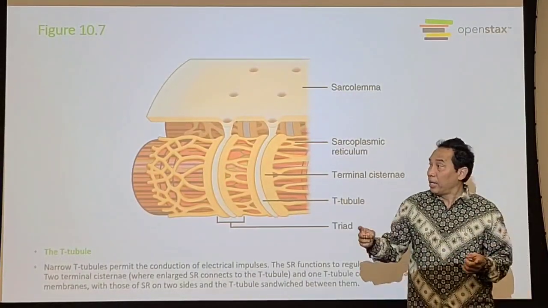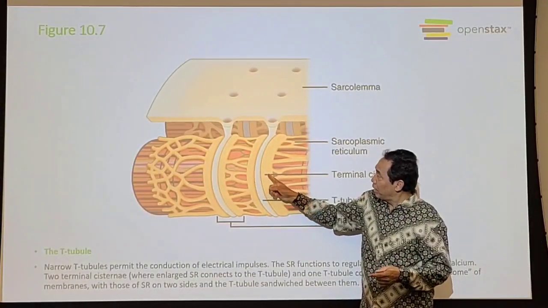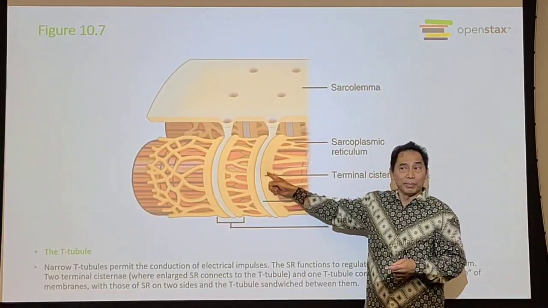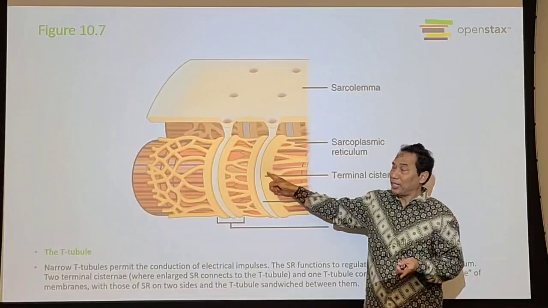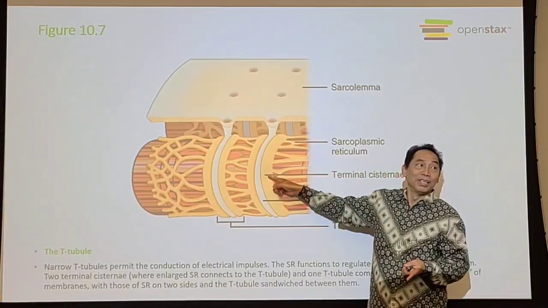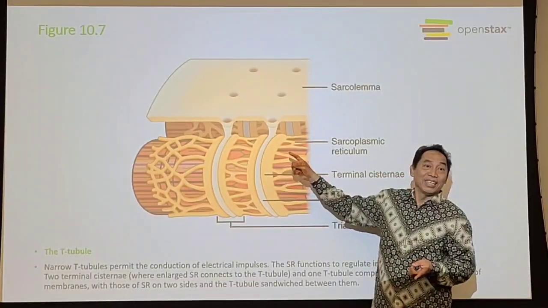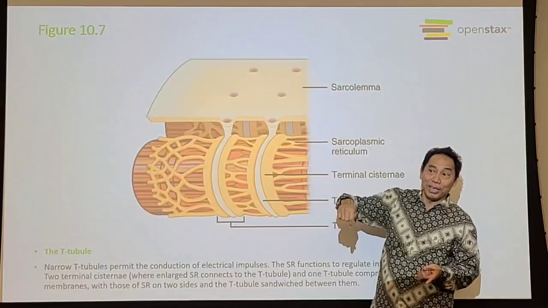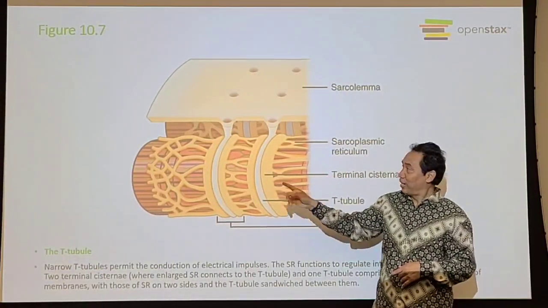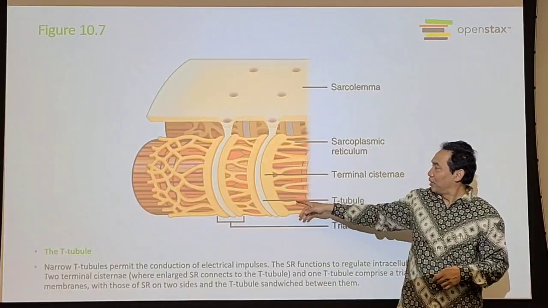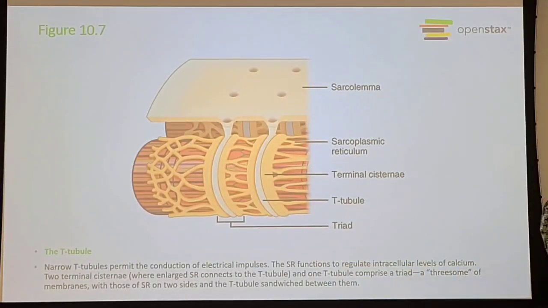It will deliver that sodium to this. This is actually the reticulum, the storage for calcium inside the muscle cell. What do you call this reticulum? Sarcoplasmic reticulum, SR. Okay, so the T-tubule will end at the sarcoplasmic reticulum.